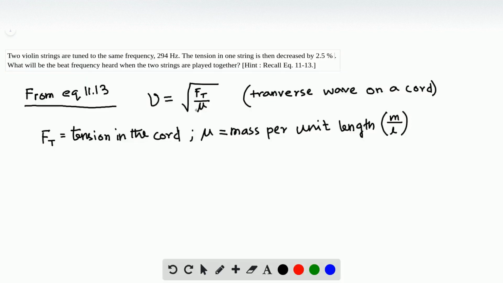This is an equation where you can find your velocity if you know the tension and mass per unit length of the chord. For our case, the chord is a string.